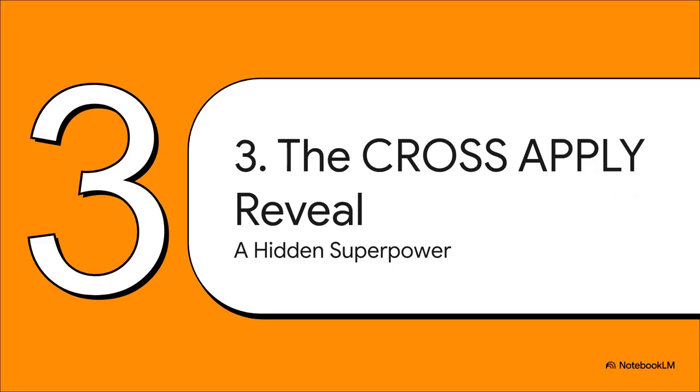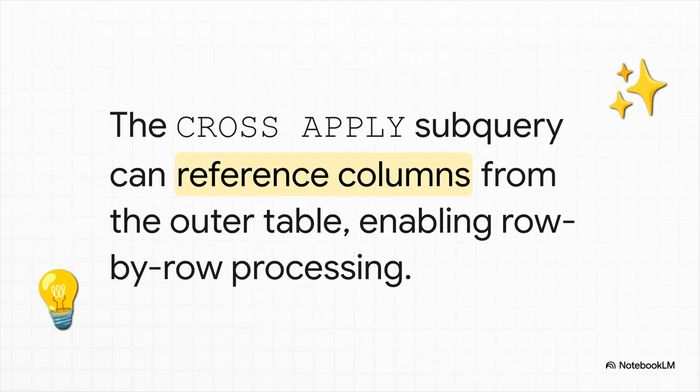This failure is exactly what sets the stage for our hero to swoop in. It is time for the cross-apply reveal and the hidden superpower that is tailor-made to solve this exact problem. So check out the cross-apply version of the query. The magic, the secret sauce, it's all right there in the where clause of that subquery. Do you see how it's referencing m.id?